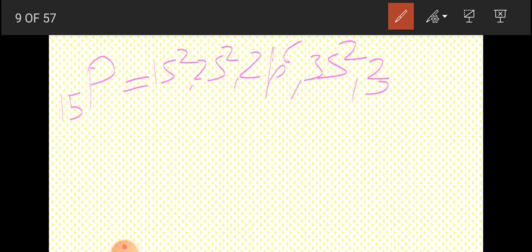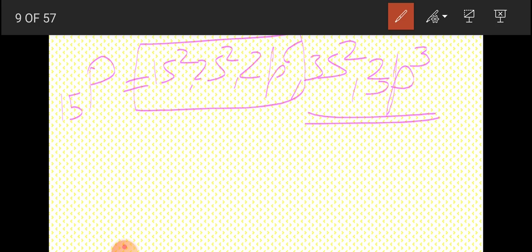So what will be the electronic configuration? 1s2, 2s2, 2p6, 3s2, 3p3. As the inner shells are filled, we will leave them and only consider 3s2, 3p3.